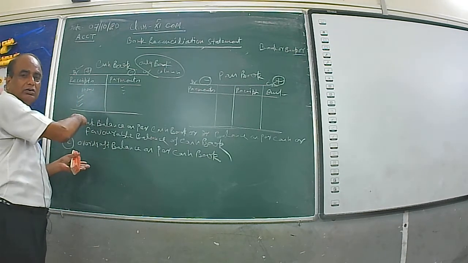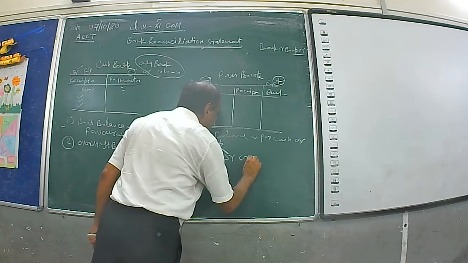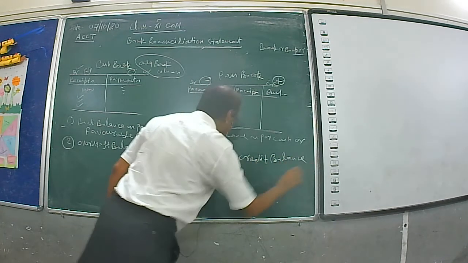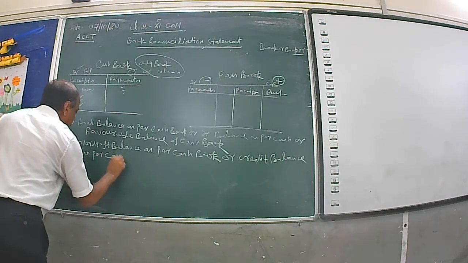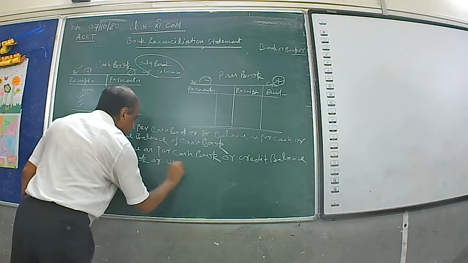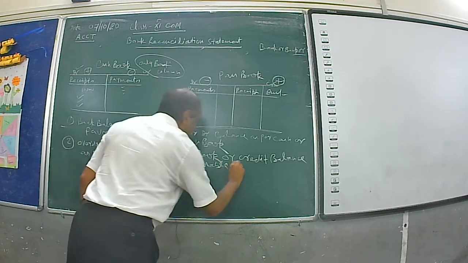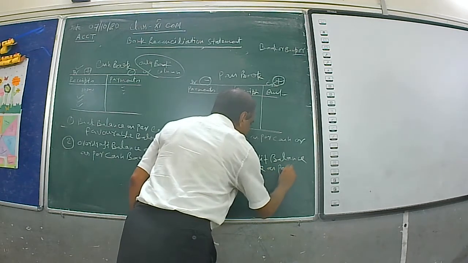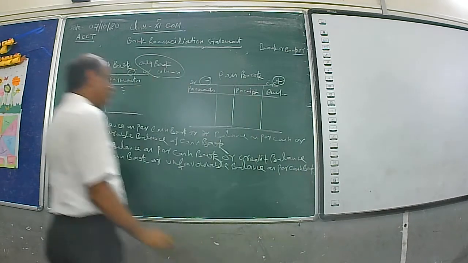Or you may say credit balance as per cash book, or unfavorable balance as per cash book.